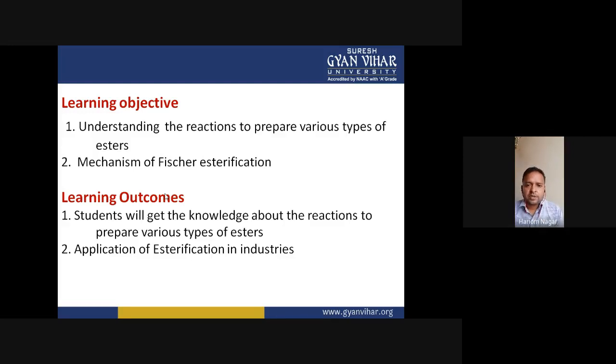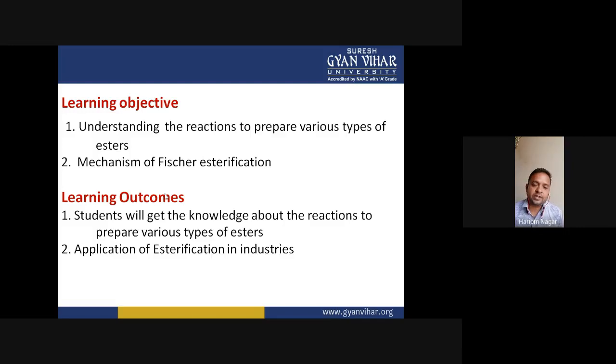And the learning outcome of this class: students will get knowledge about the reactions to prepare various types of esters. Once students get the concept about this reaction, they can prepare esters by the reaction of alcohol and acid in the laboratory.